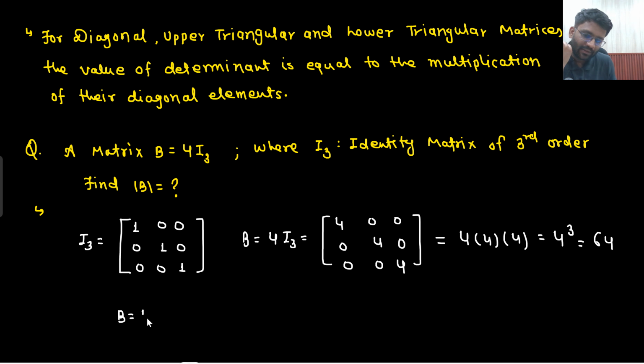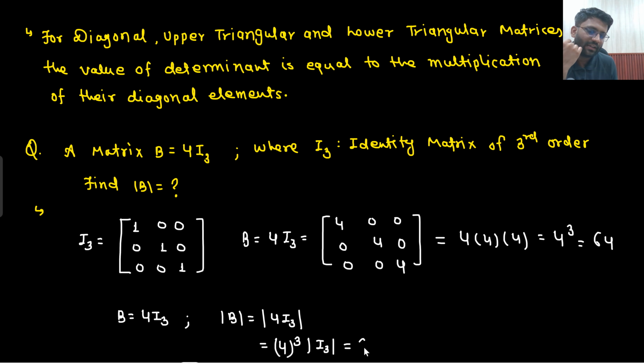Or what I can do? Matrix B is 4 I3. You need to calculate that determinant. So 4 I3. Now this 4 needs to come out. How will it come out? 4 to the power n. What is the order? 3. 4 to the power 3 times determinant of I3. What is 4 to the power 3? 64.